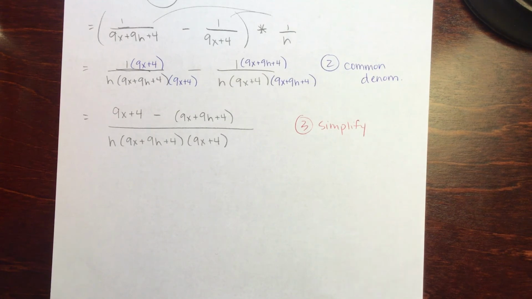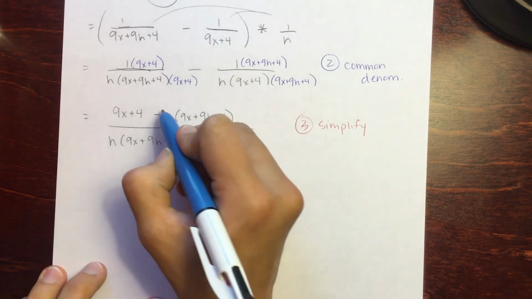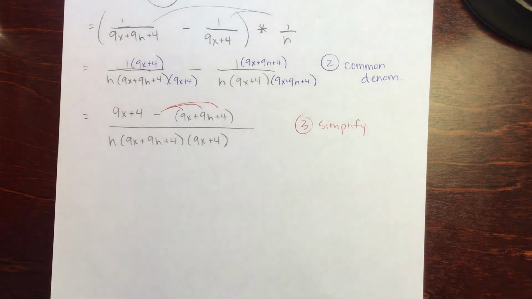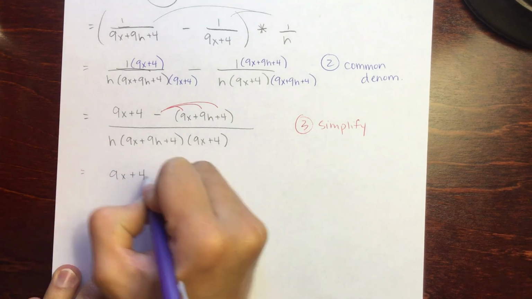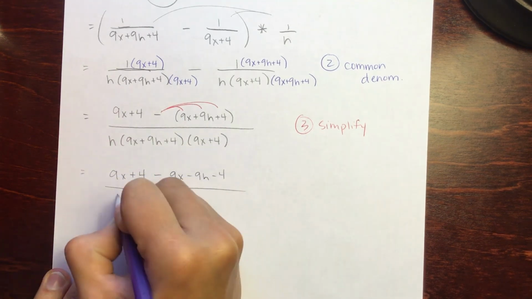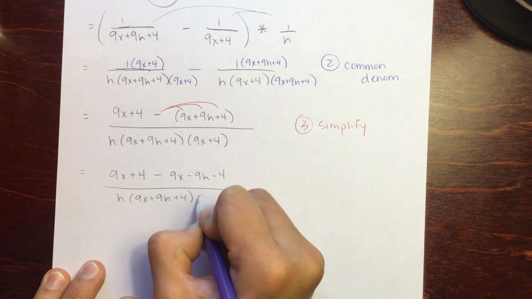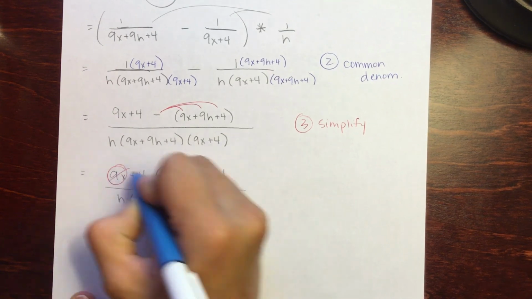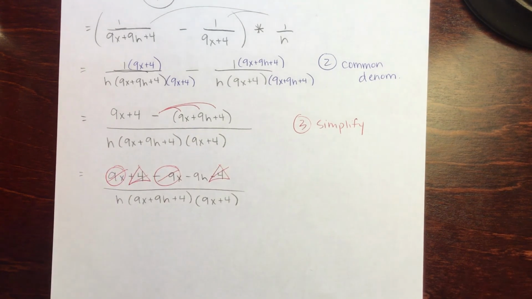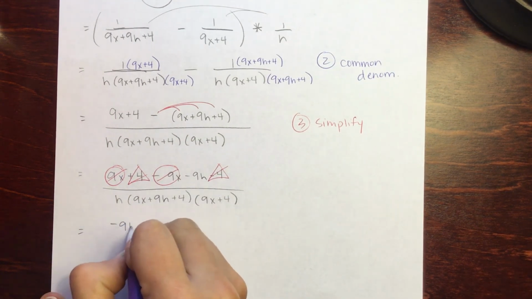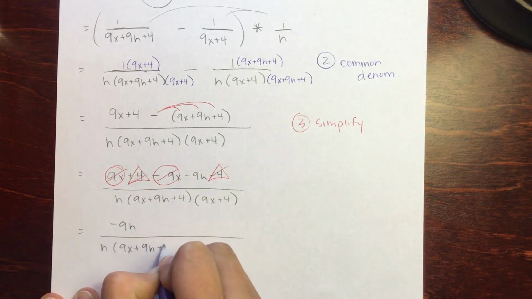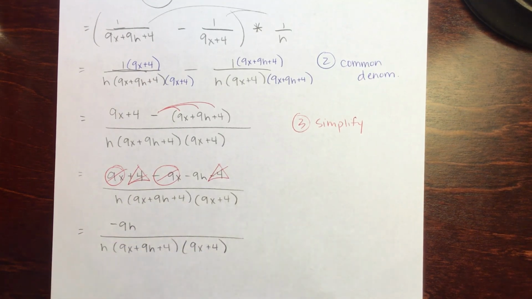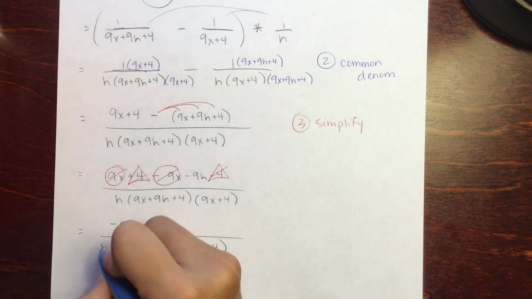Last, simplify, which is a long step. So distribute, combine like terms, nothing to factor, but we can cancel our h's.